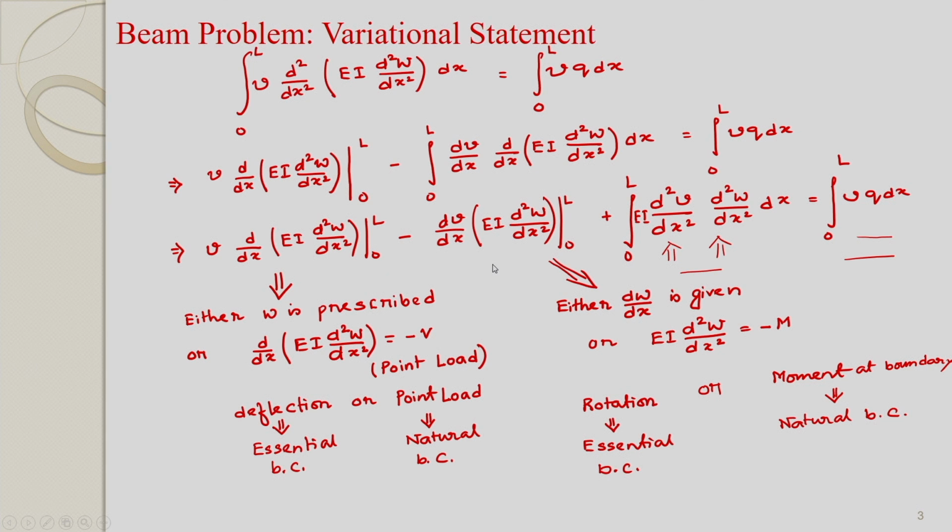If you see the variational statement again, here at this part, the natural boundary condition is automatically taken care of, that is 0. During imposition of boundary conditions, we only have to consider the essential boundary conditions.